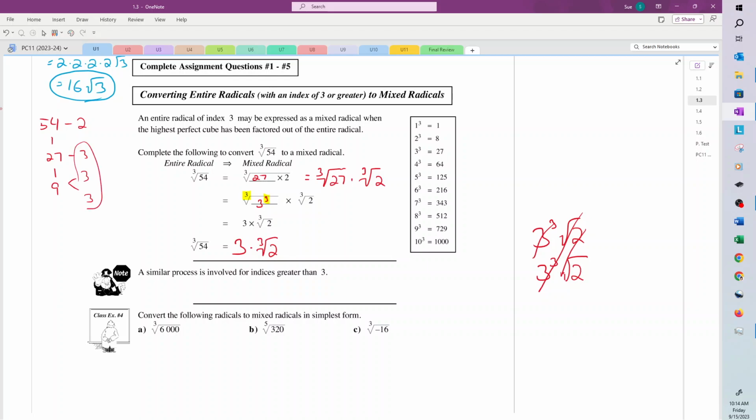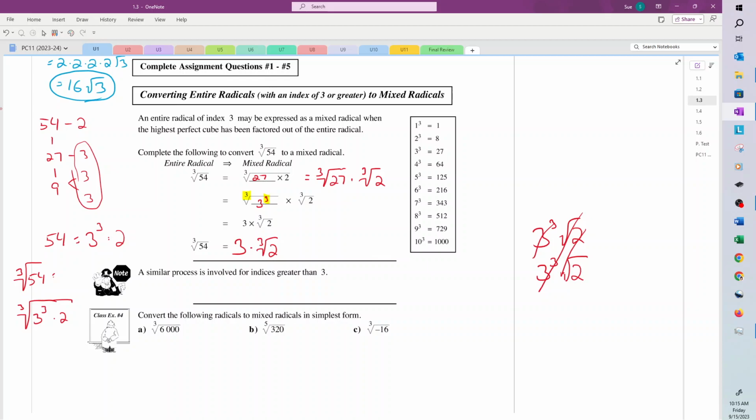So now I've got a set of 3, so I can write 54 equals 3 cubed times 2. So the cube root of 54 equals the cube root of 3 cubed times 2. Okay, so that's the process that you go through if you don't recognize the cube within it right away.